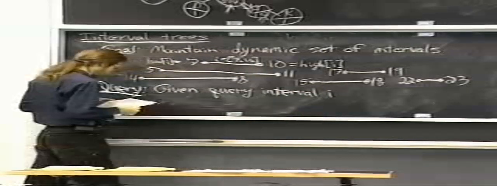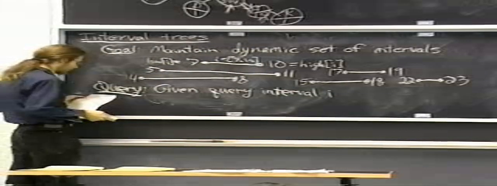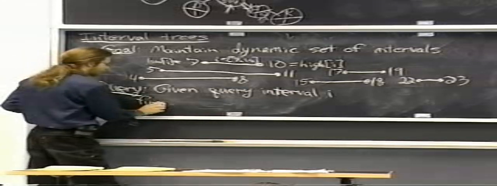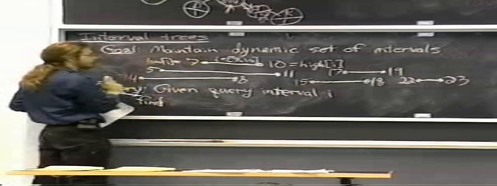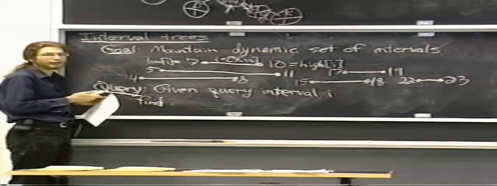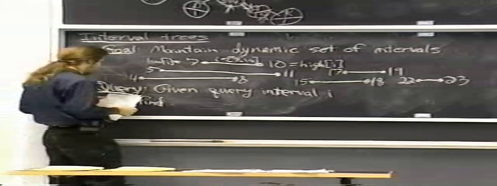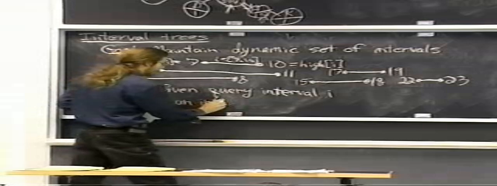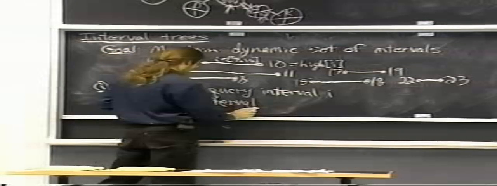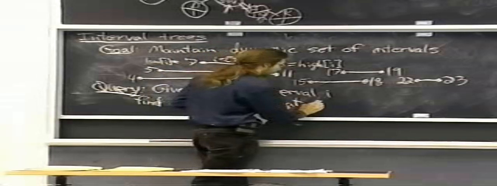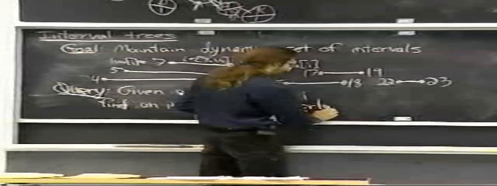Say it's I. I would like to find, so I give you some other interval here. I want you to tell me whether there are any intervals that overlap that interval. Okay, and if so, find one. So find an interval that overlaps I.